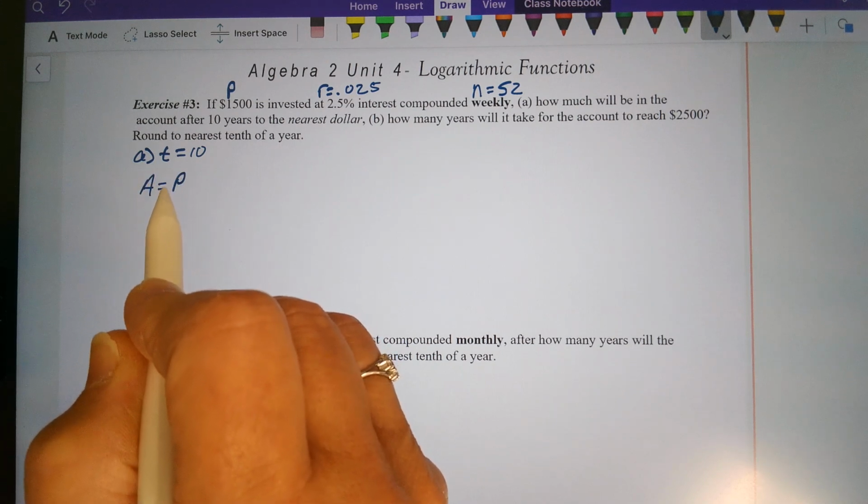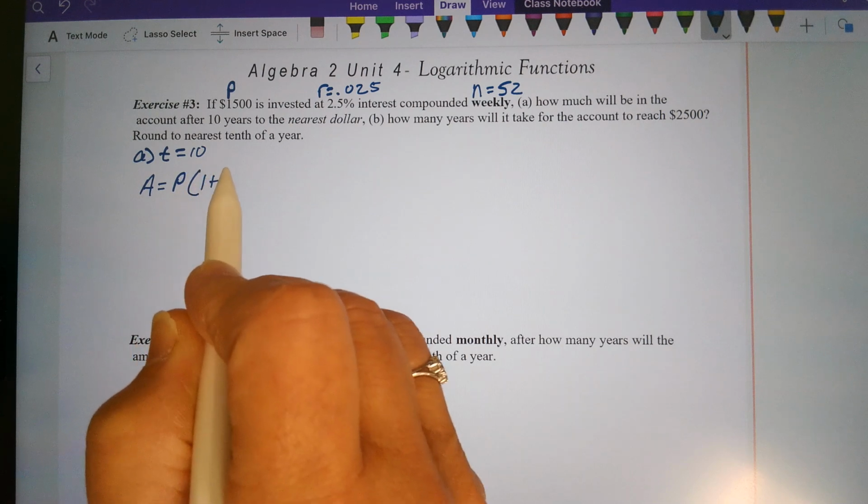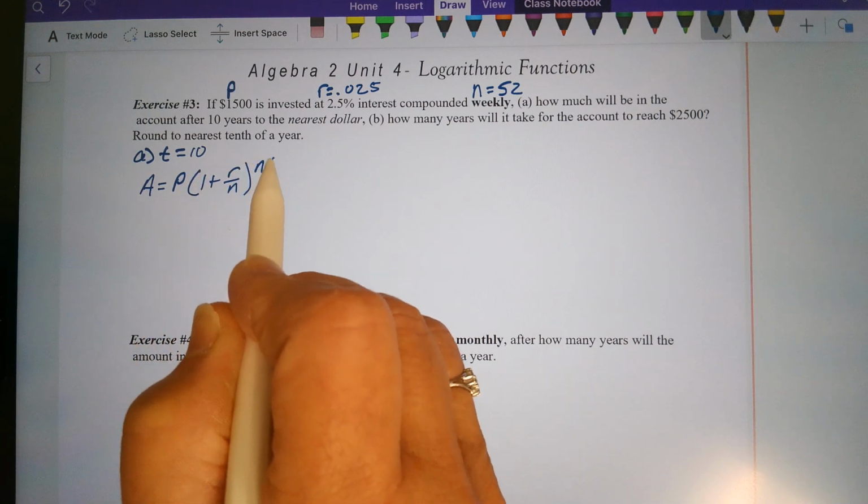Capital A equals capital P times 1 plus R divided by N raised to the NT.